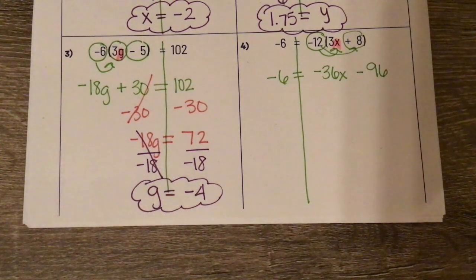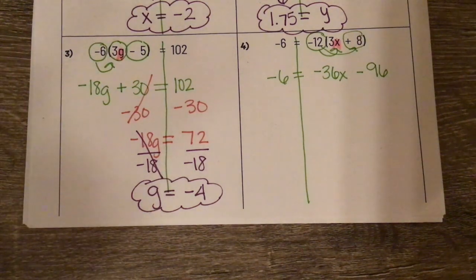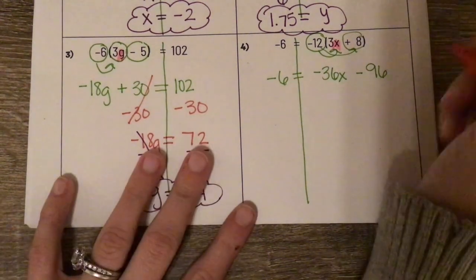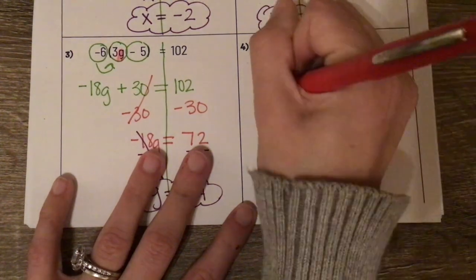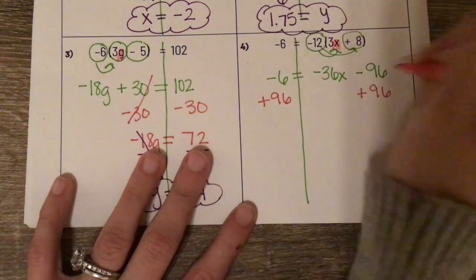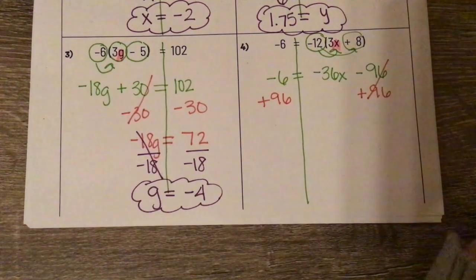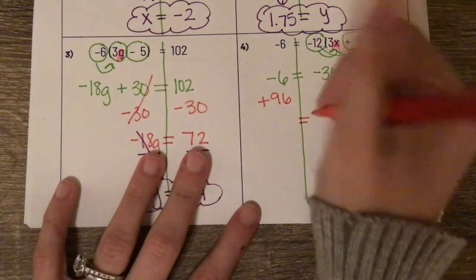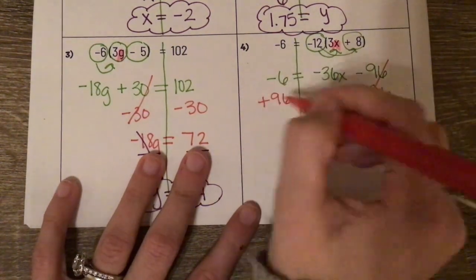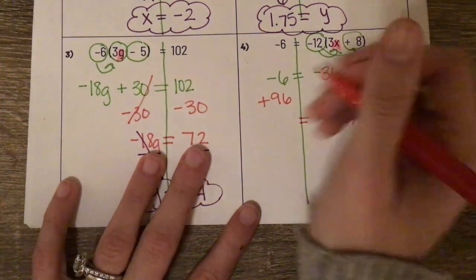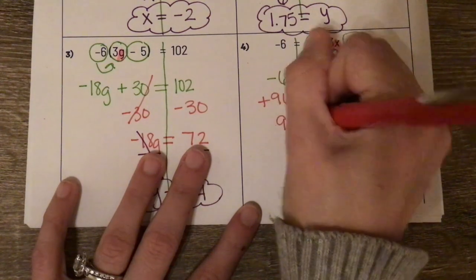Next step, we're going to get rid of our constants. We have minus 96 or negative 96. We're going to get rid of it by adding 96 to both sides. It should cancel out on the side with the variable. Bring down the negative 36x. And then negative 6 plus positive 96 is going to be positive 90.